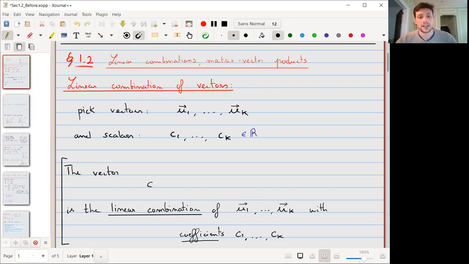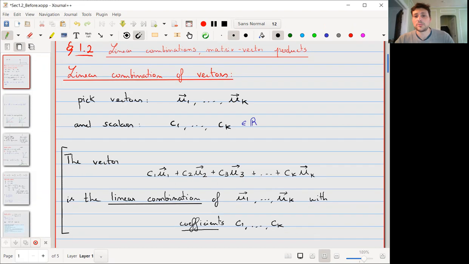It's a vector that I get by rescaling u1 by the scalar c1, and then I add that to a rescaling of u2 by the scalar c2, and I do that with all the others. So it's a way to combine vectors u1 through uk, possibly after rescaling them by a constant factor.